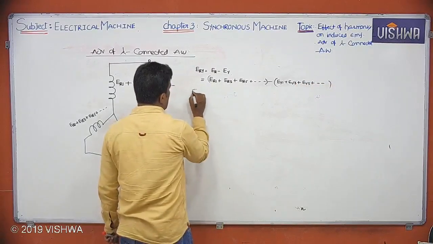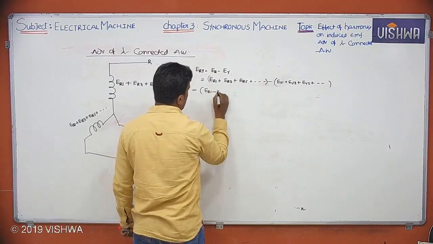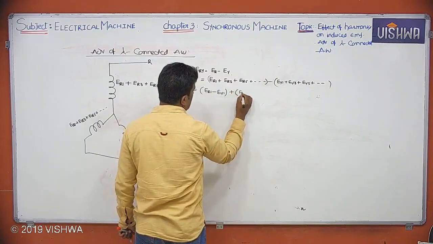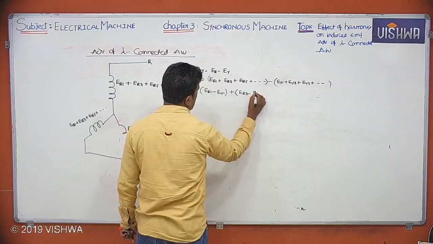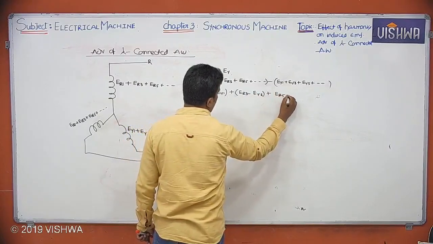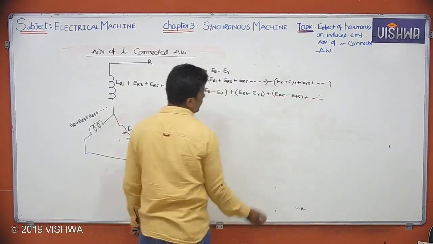So I think you can write like this, right? ER1 minus EY1 plus ER3 minus EY3 plus ER5 minus EY5 and so on. Like this you can write. Okay.